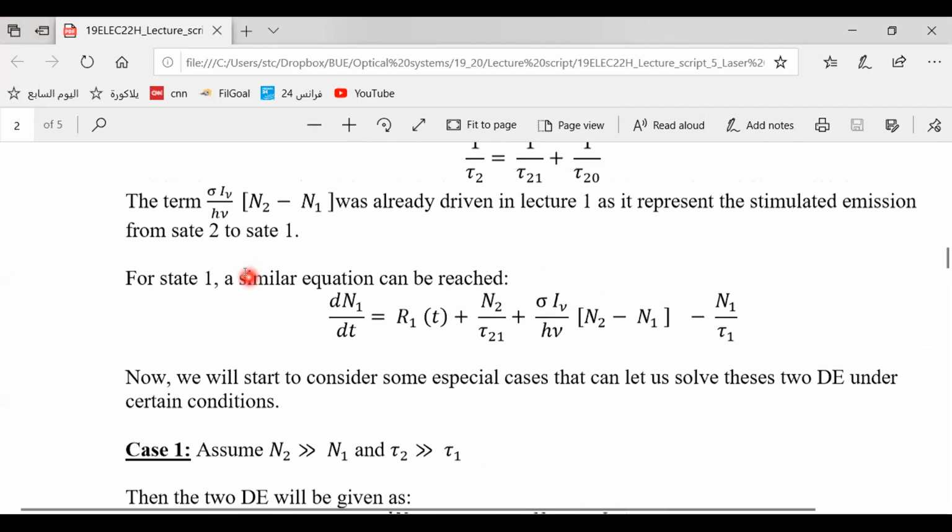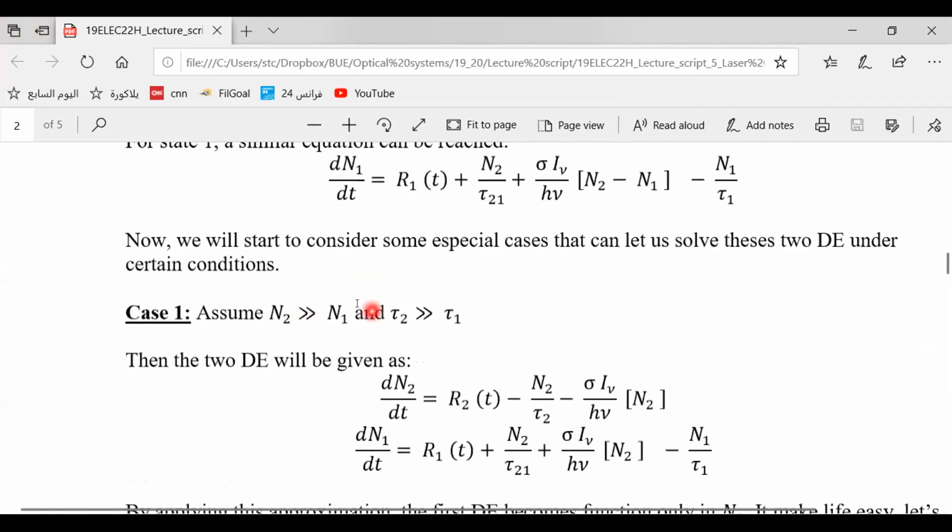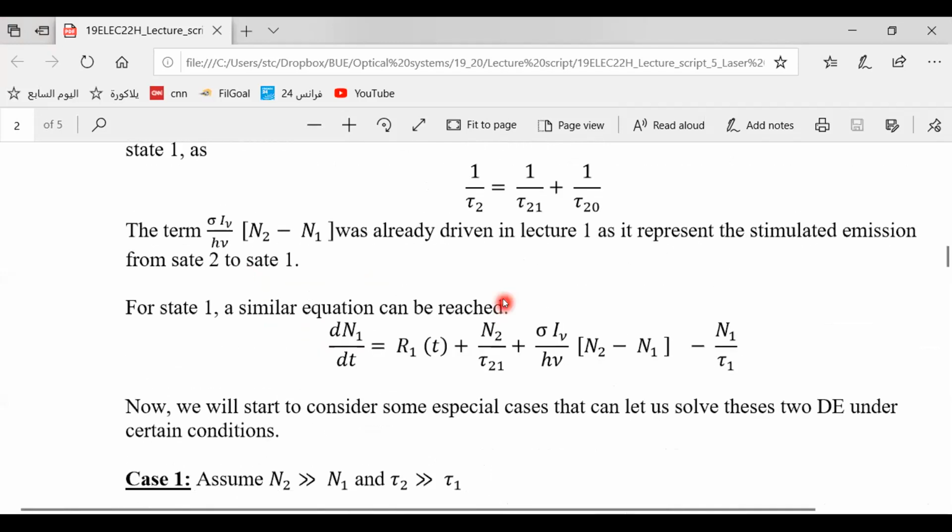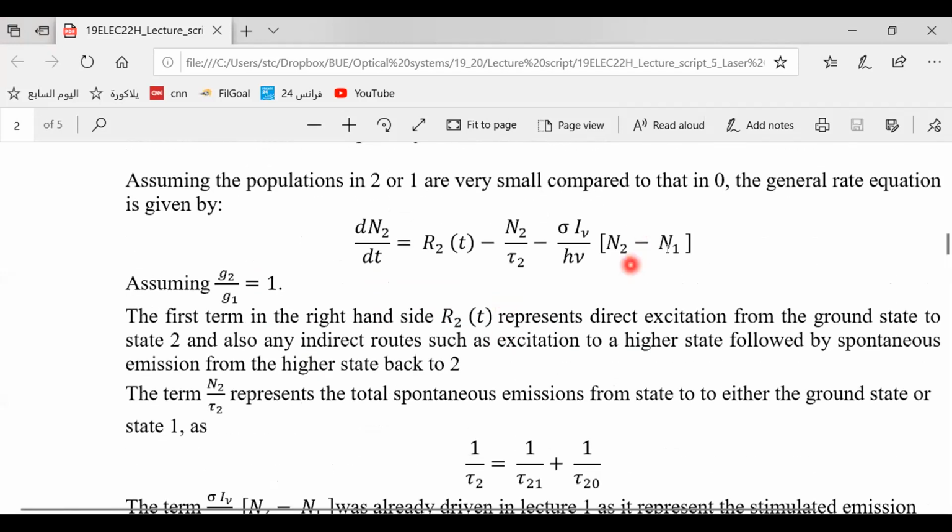So when you say that the first condition is that N2 is much greater than N1, then you can easily say that N2 minus N1 is automatically equal to N2. So you can get rid of this N1 here.